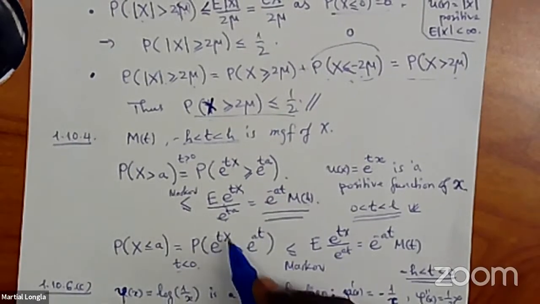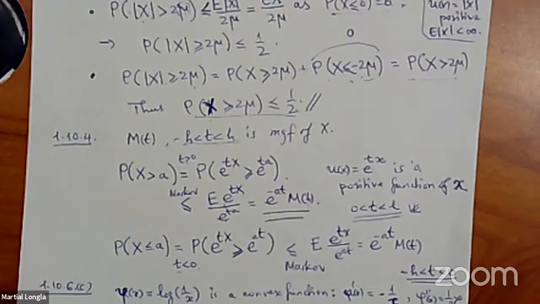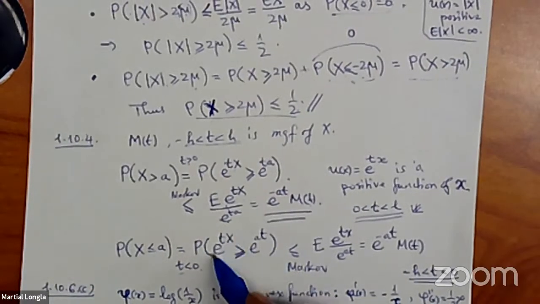It becomes e to the tx larger than or equal to e to the ta. For the same reason, this is the same function that is defined here. Even for a negative t, it is still a positive function of x, because exponential is always positive.